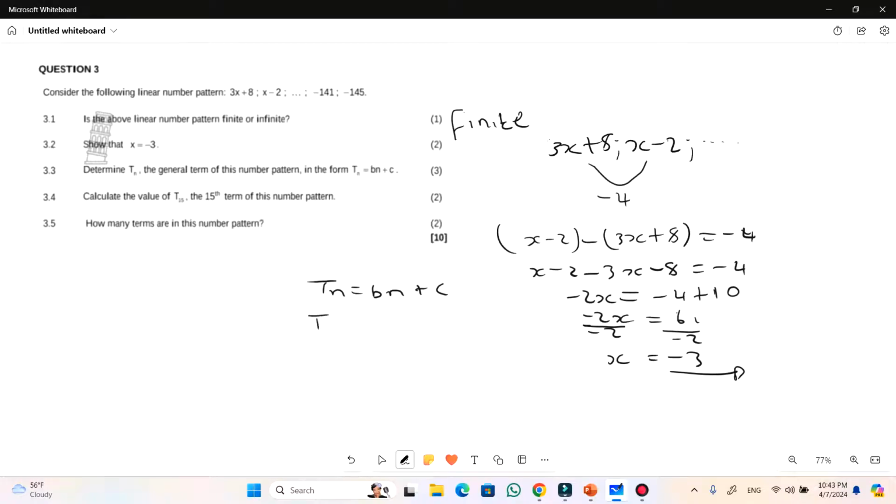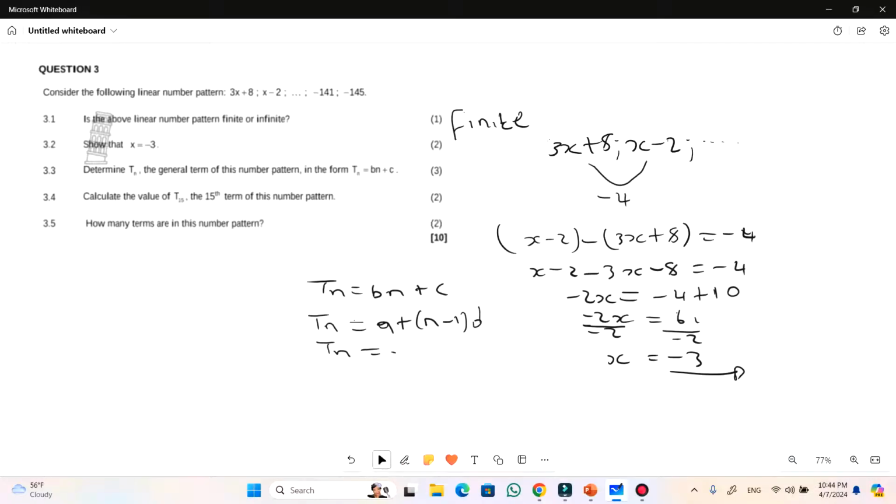So Tn is equal to, since they say it must be in this form, you can just first do this one. Your value of a, you can just substitute negative 3 at x.